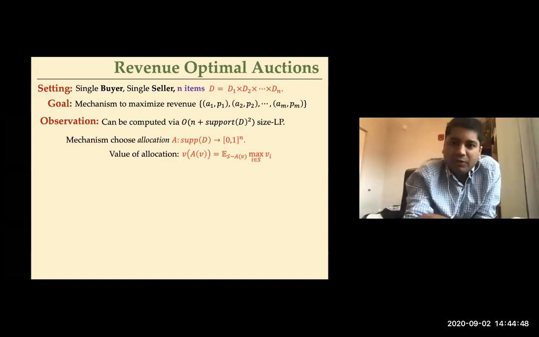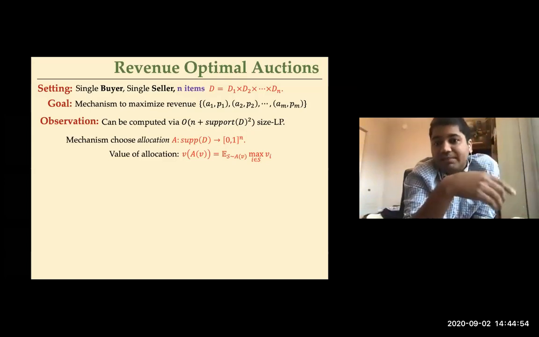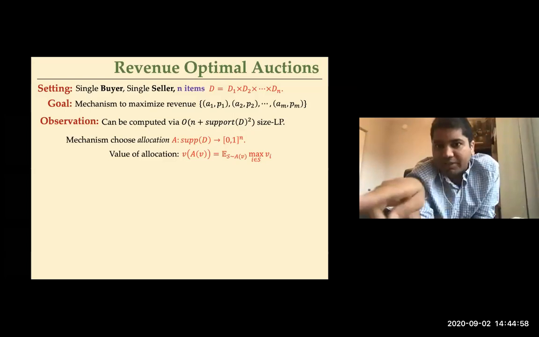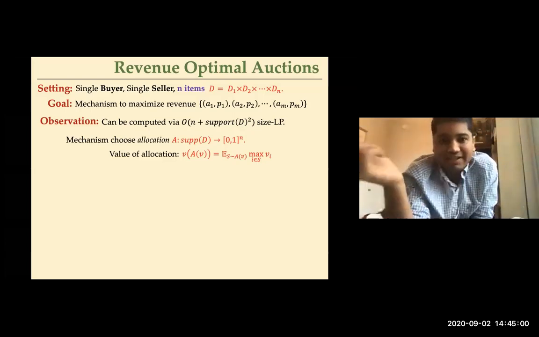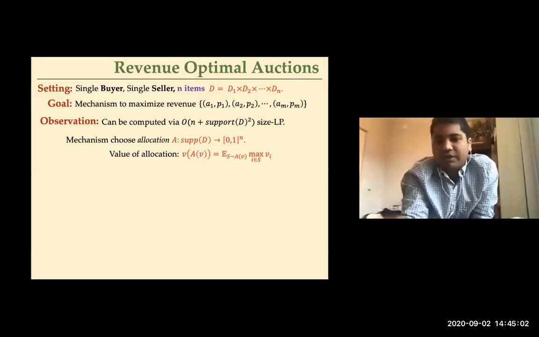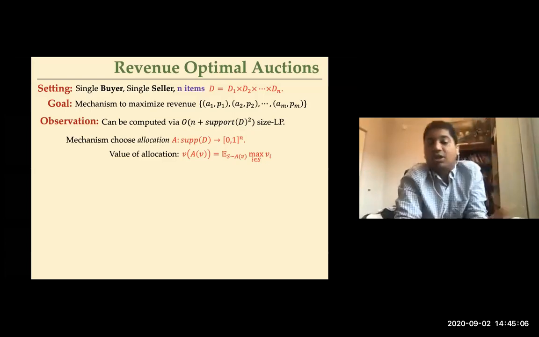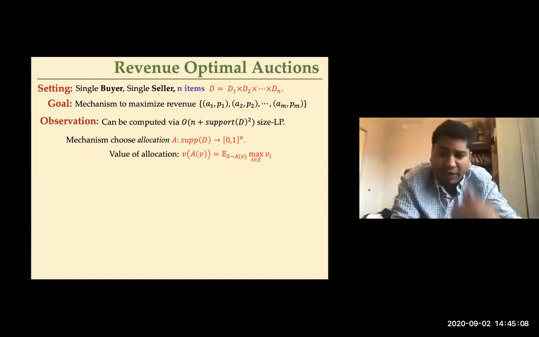Okay. So if you look at this support of D that appears in the line, then that support of D is simply, if each D_i has support 2, then D, the product distribution, has a support of size 2 to the n. And so this is, in some sense, you could consider a prohibitively large mechanism, or a menu, sorry. But anyway, at least it describes the optimal thing.